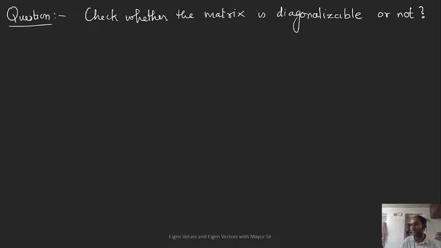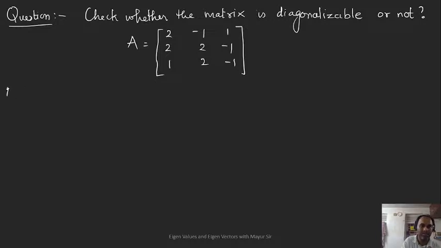Now if this is the case, how do we handle it? So the matrix is again similar to the previous one, but different: 2, 1, minus 1; 2, 1, minus 1; 2, 1, minus 1 as given. Okay, now this is not triangular, but now let us see how to handle this.